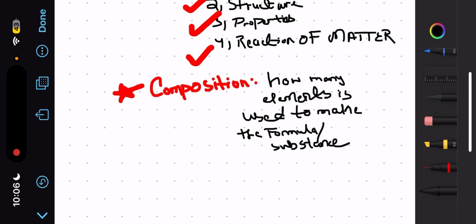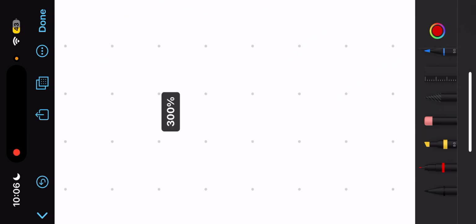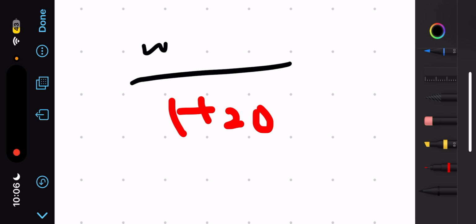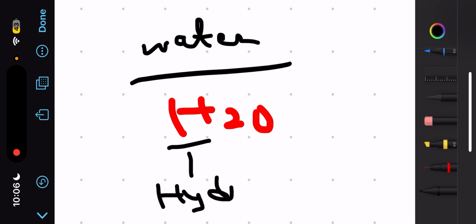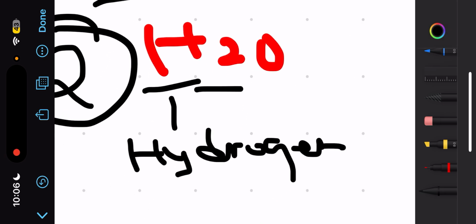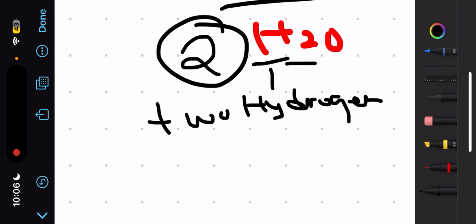For example, H2O, which means water. In this, H represents hydrogen, and 2 represents that there are two hydrogen atoms.